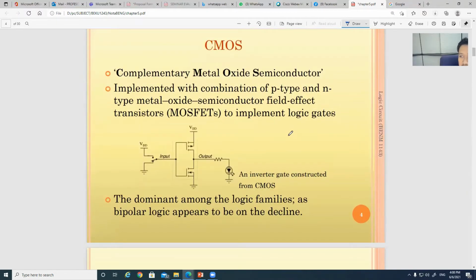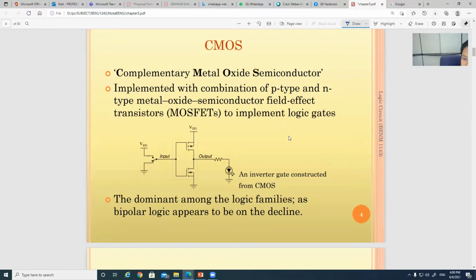All right, let's go to the CMOS. CMOS stands for complementary metal oxide semiconductor, implemented with a combination of P-type and N-type metal oxide semiconductor field effect transistors, which we call MOSFETs.